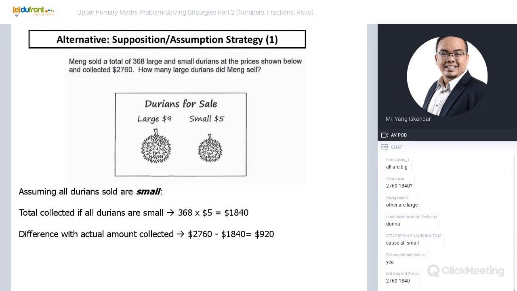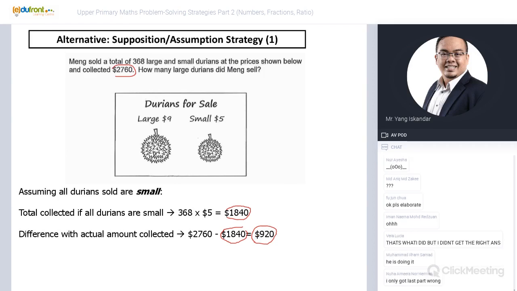So step number 2, we need to find the difference, right? Difference between the actual amount collected and the total amount based on my assumption. So 2,760 minus the total collected, if I assume that all are small, so I get a shortage of 920.